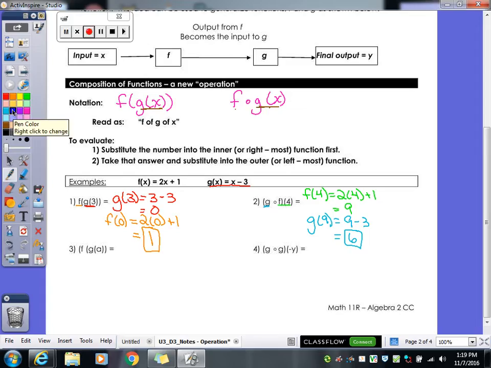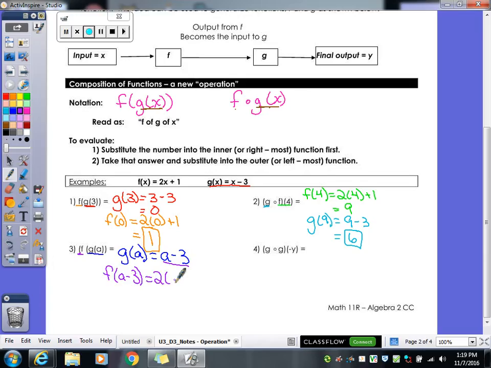Now number 3 is a little different, because are they giving me a number this time? No, they're giving us a letter, but it's still done the same way. I'm going to take the a, plug it into the g function first. So g of a would be a minus 3. Is there any way for us to simplify an a minus 3? No, that's as simplified as it's going to get. So I'm going to take a minus 3 and I'm going to plug it into the f function.